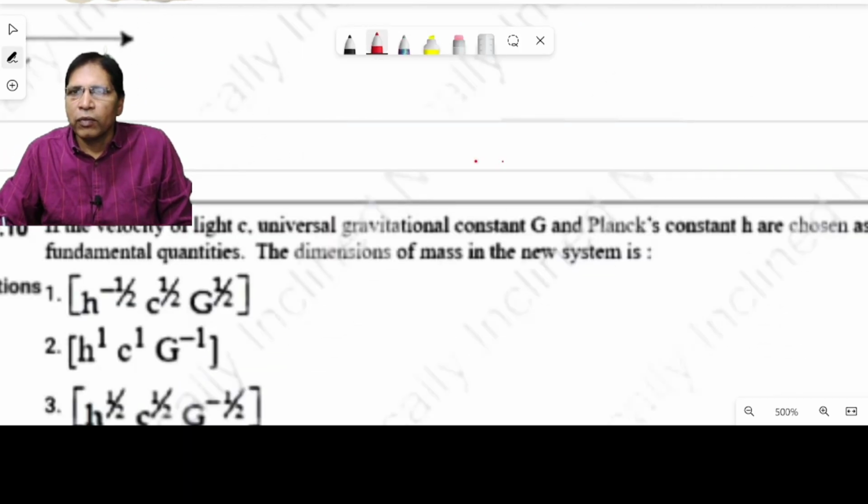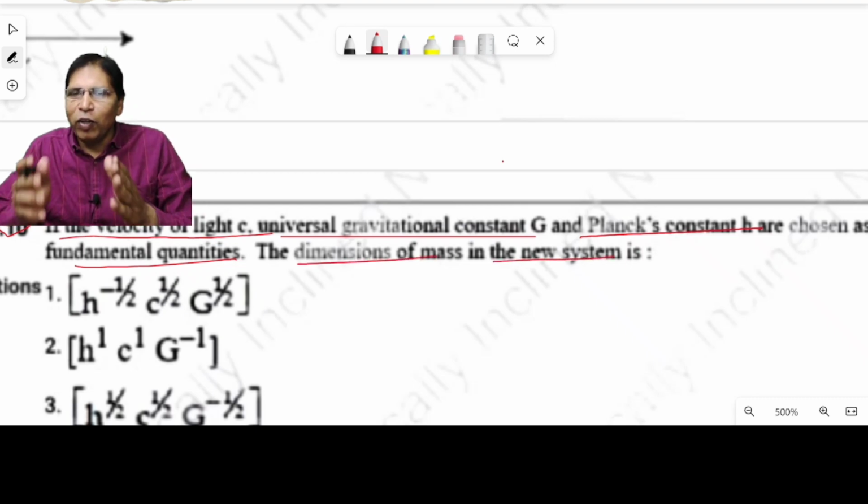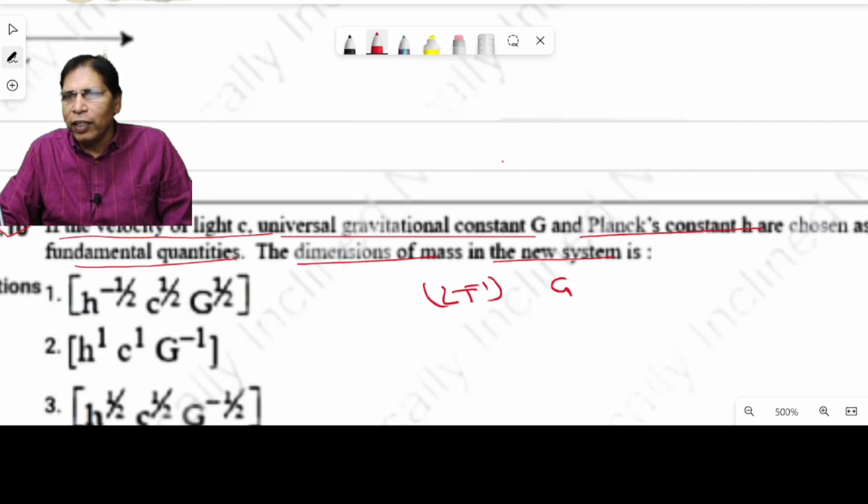Okay. Now look at question number 10. If the velocity of light c, universal gravitational constant G, and Planck's constant h are chosen as the fundamental quantities, the dimension of mass in the new system. Now we know the dimension of velocity is L T to the power minus 1. G has dimension M to the power minus 1 L cube T to the power minus 2, and the dimension of h is M L square T to the power minus 1.